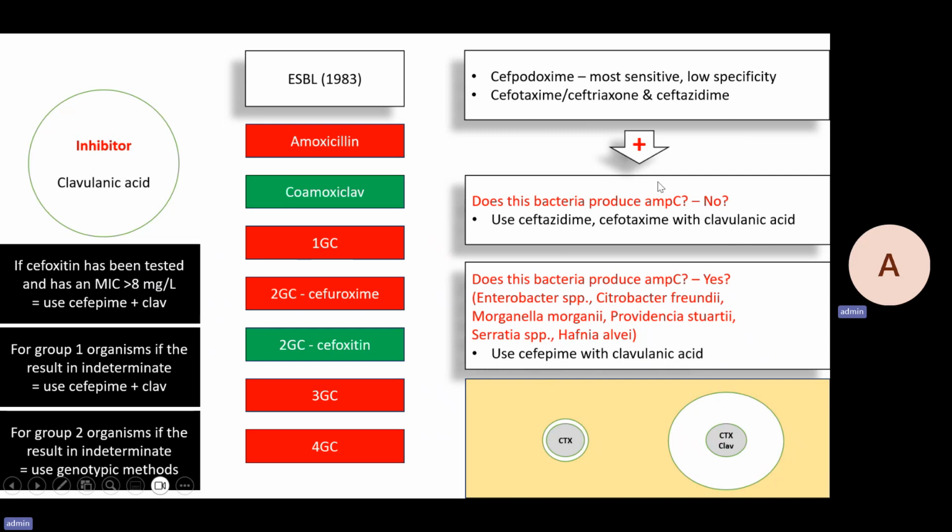There might be a situation when you are testing this group of bacteria with ceftazidime and clavulanic acid and you find an indeterminate result. What would you do? If you find an indeterminate result, you use cefepime clavulanic acid to test. So go for fourth generation cephalosporin. What happens if you find an indeterminate result here in this group? In that case, there is no way but genetic testing which will give you the answer.